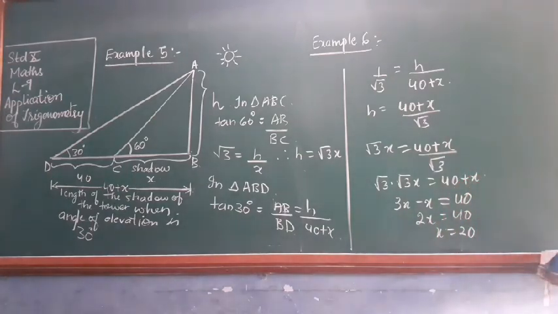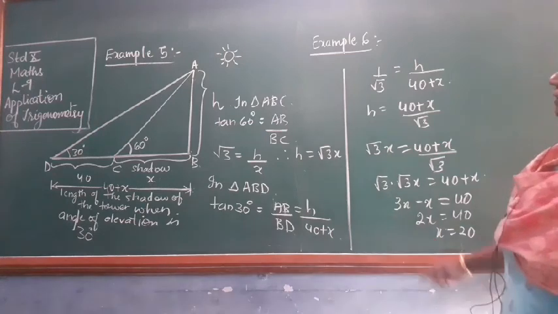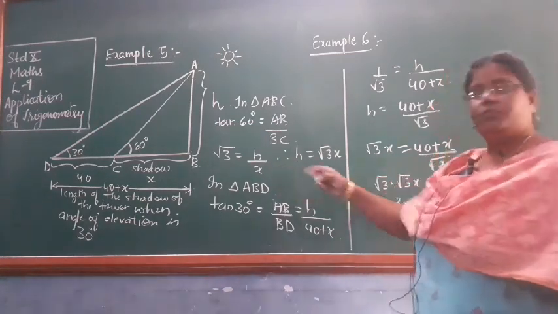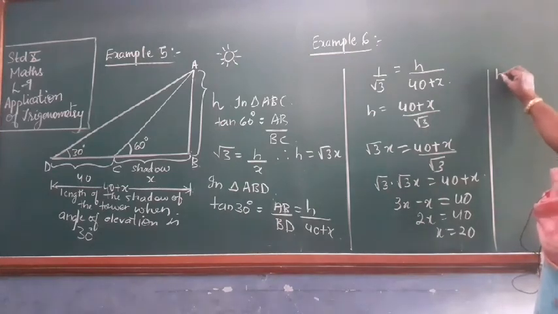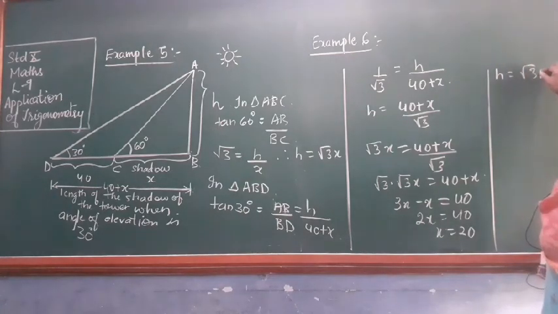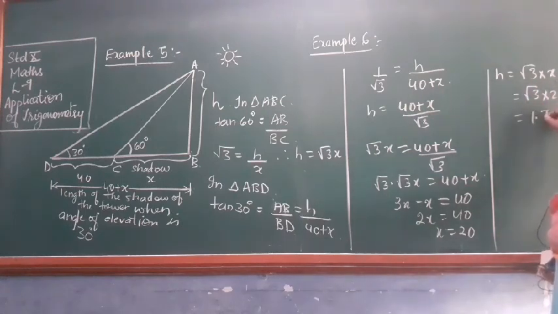Got it? Once you get x as 20, can we find h? We can find. So H is equal to √3 into x, that is √3 into 20, that is equal to 1.73 into 20.